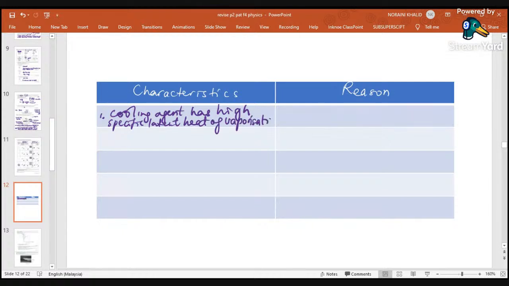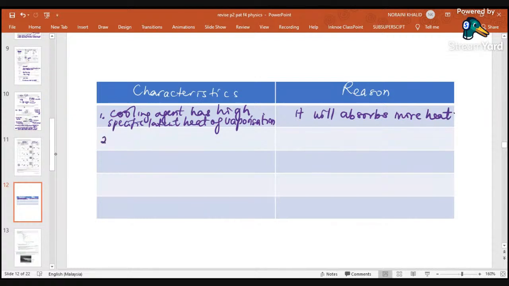Okay, jadi dia mesti high specific latent heat of vaporization. So the reason: it will absorb more heat. So it will cool down the surrounding temperature.